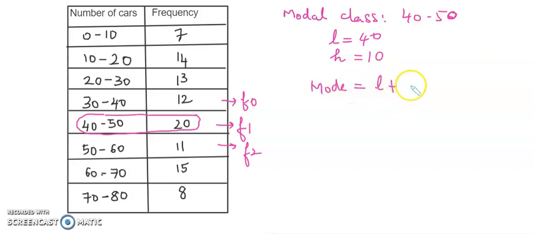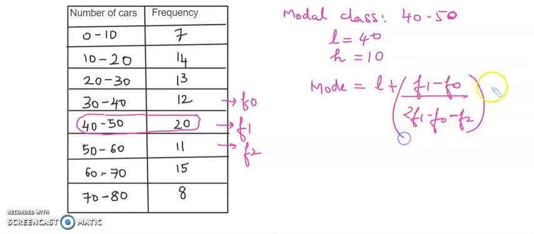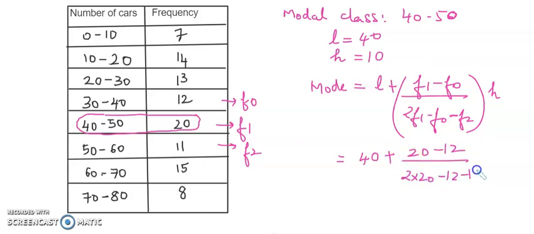L plus (F1 minus F0) divided by (2F1 minus F0 minus F2), multiplied by H, which is equal to 40 plus (20 minus 12) divided by (2 times 20 minus 12 minus 11), multiplied by 10.